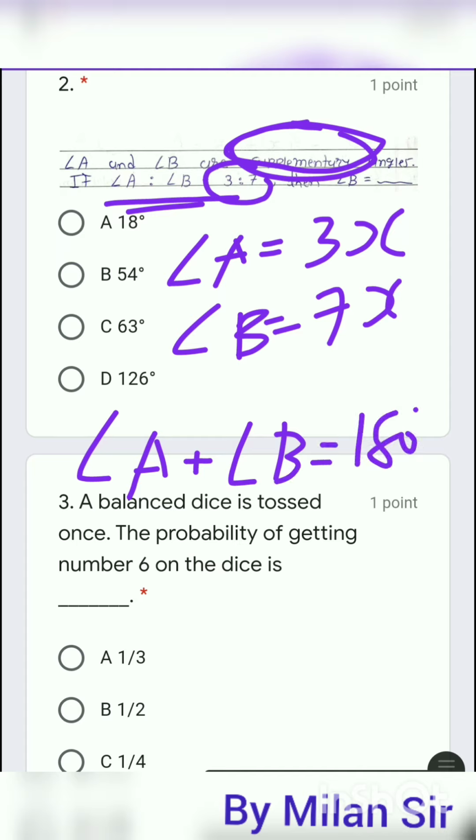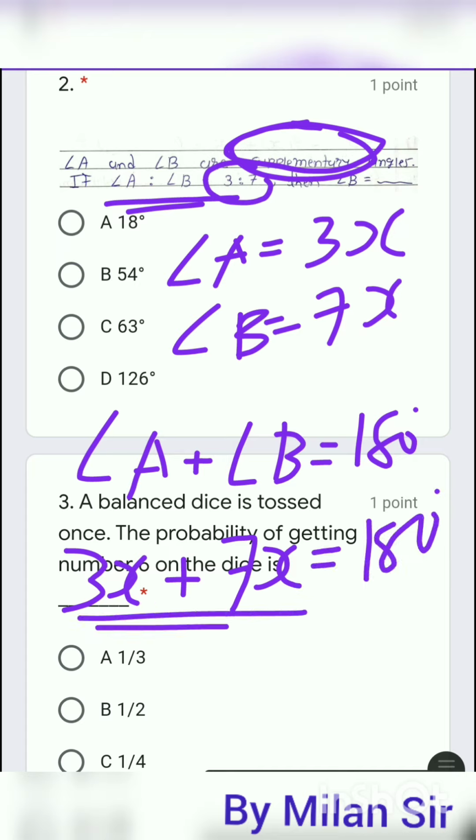Now put the value of angle A and angle B here. So 3x plus 7x is equals to 180 degree. Now 7x plus 3x, it is 10x. So 10x is equals to 180 degree.